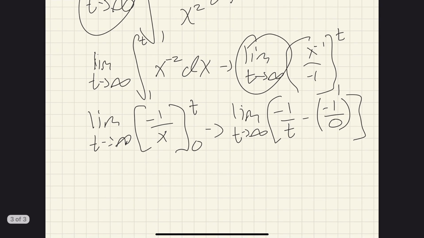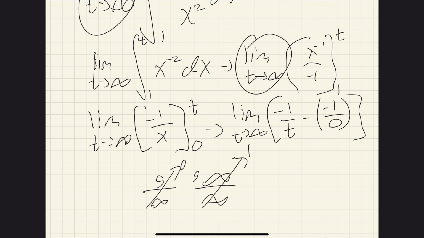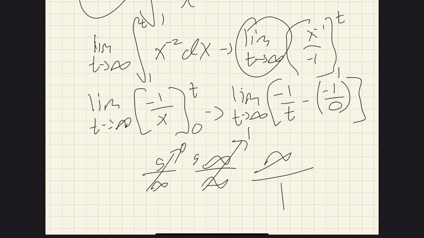If you get any number over infinity, that's just going to go to 0. If you get an infinity over an infinity, even if it has a constant, like a 5 or a 7, whatever, a million, that's just going to go to 1. If you get infinity over a number, then that's infinity. That means your integral was divergent. Just use some common sense here with integrals and limits, and you should be good.